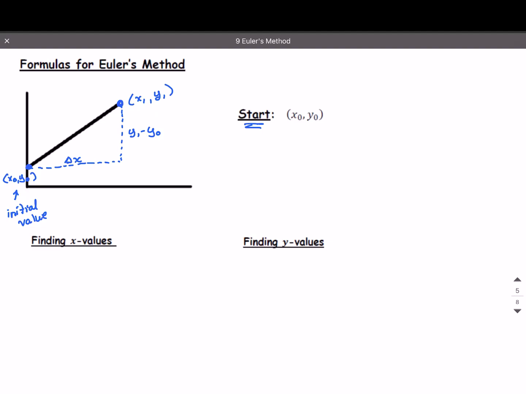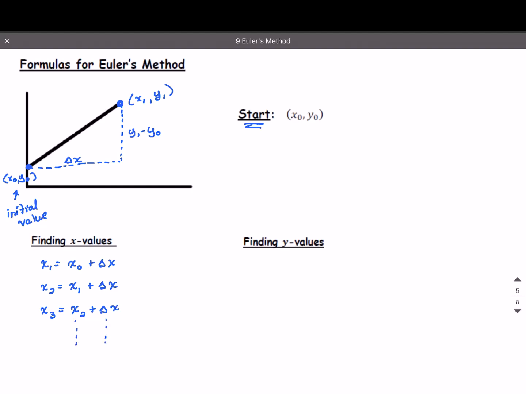So if we're finding x values, think about this. For x sub 1, we would take the initial x value and add delta x. If we want to find the second one, we would take x1, the x that came before it, and add delta x. If we want to find x sub 3, we take the x value that came before it, x sub 2, and add delta x.